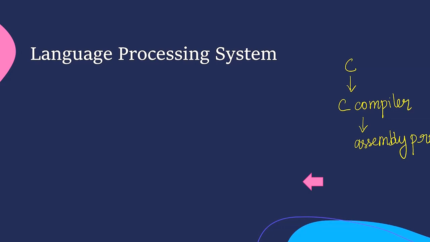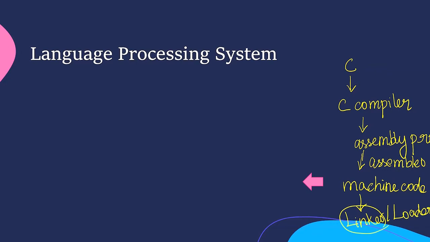Then the assembler will translate this assembly code into machine code. During this translation, we will use the linker and loader tools. The linker tool is used to link all the parts of the program together for execution.